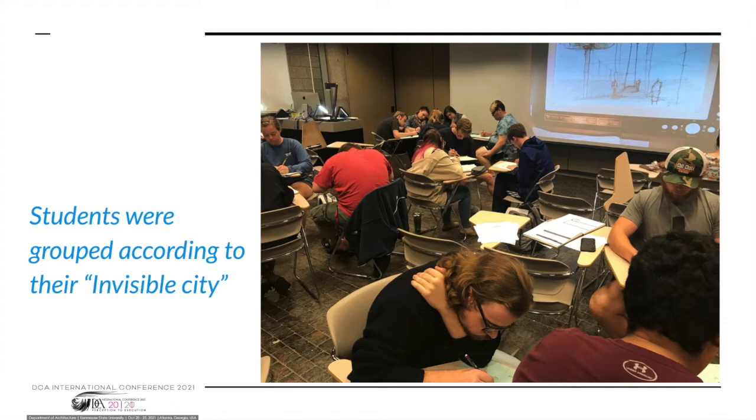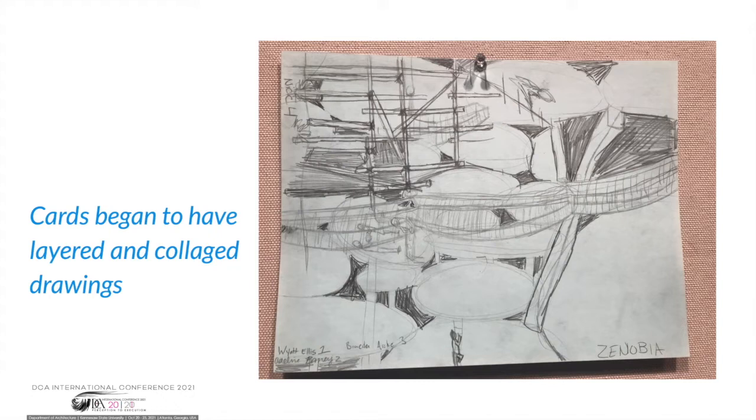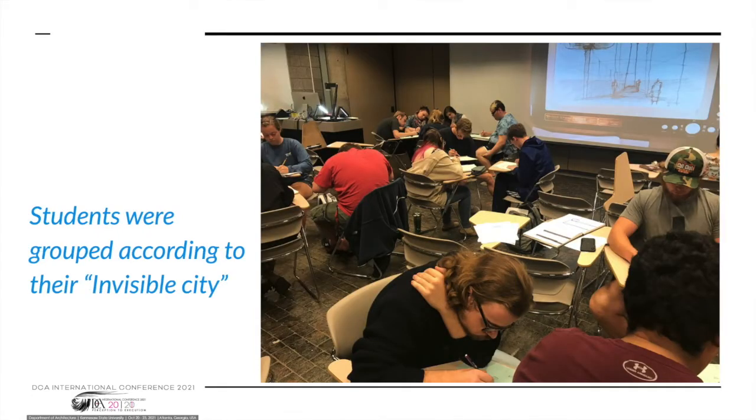If we were to group the students together around each invisible city that they were assigned or had chosen, they would start to draw descriptions of that invisible city, whether it be in plan view or diagram or section or perspective, and then pass that piece of cardstock to one another, and these drawings would just simply start to collage together, or start to layer together to become these very rich expressions of that particular city. And because they were all grouped together around the same city, they could learn from one another's interpretations of what they were gleaning from the literature itself in terms of how these cities are described by Calvino.